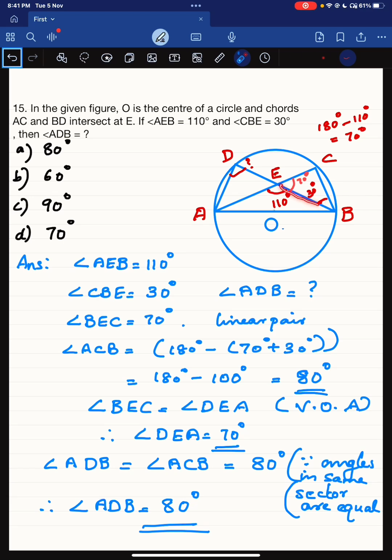Here angle EBC is known and angle CEB is also known. Now we have to find angle C, angle ACB, or ECB. ACB and ECB are both the same angle. First we can write angle ECB, otherwise you will be confused, okay?